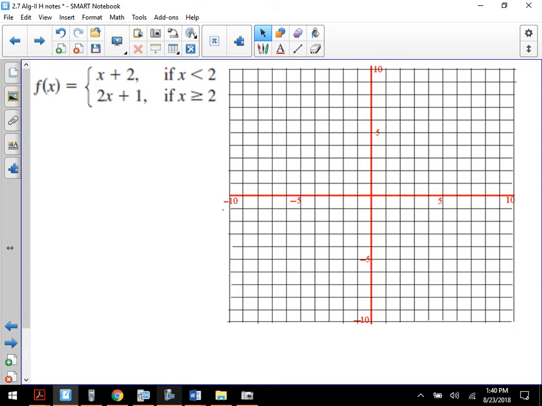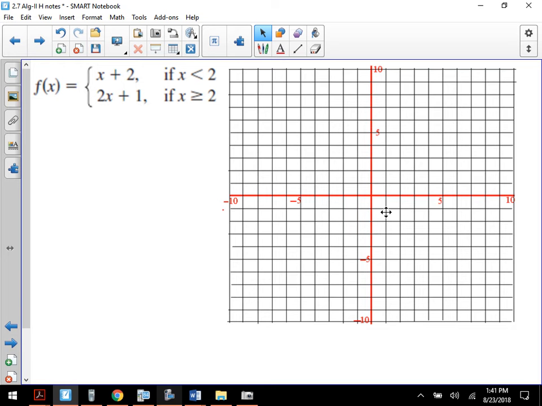Now, when we graph piecewise functions, especially the first couple that I ever do with students, I like to really oversimplify. So I look at my function, and you'll notice that there is some domain restriction given.